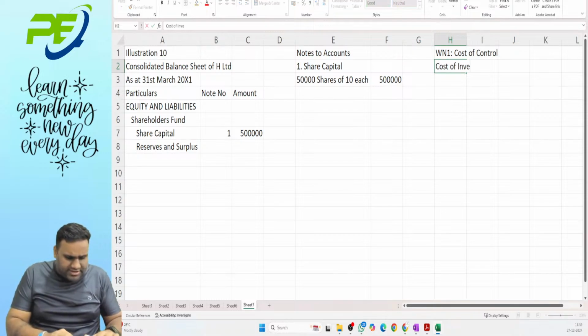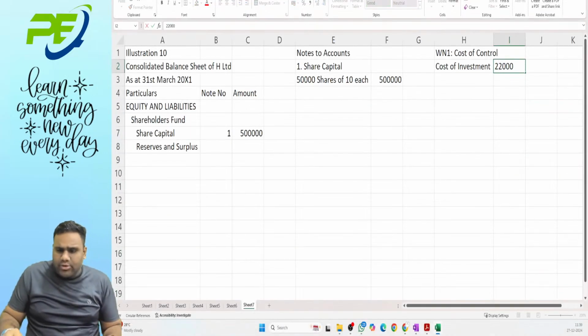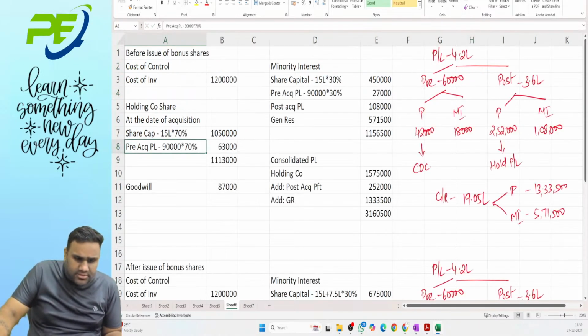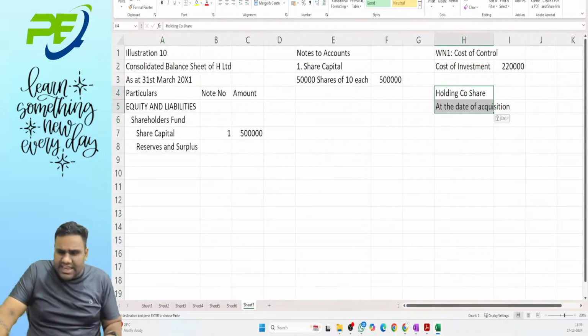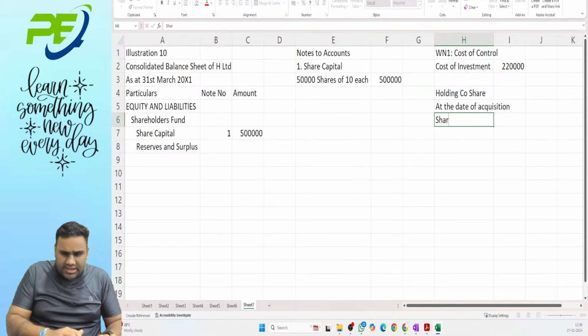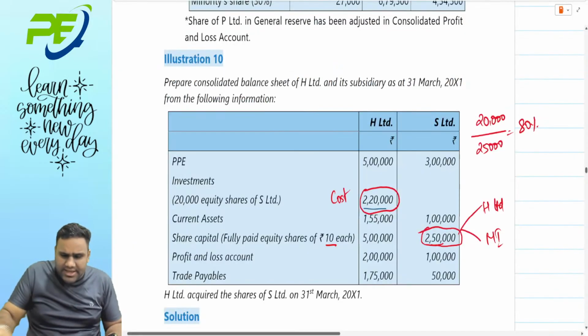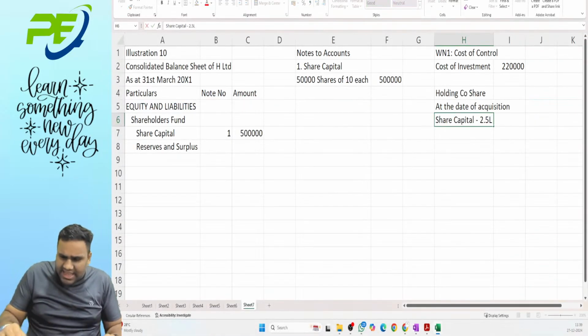Cost of investment, how much? 2,20,000. Then we compare that with holding company share at the date of acquisition. Share capital. What was holding company share capital? In that, what was holding company share?